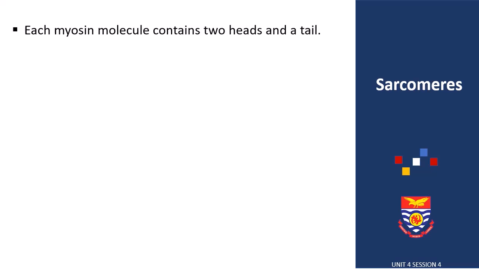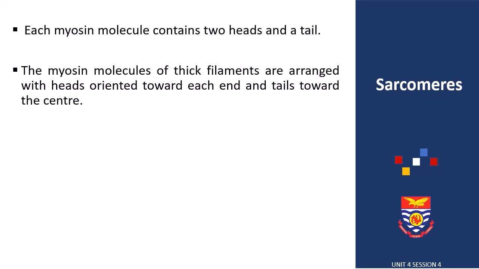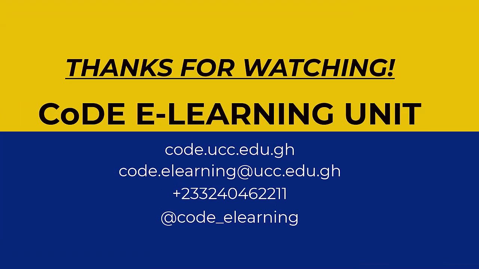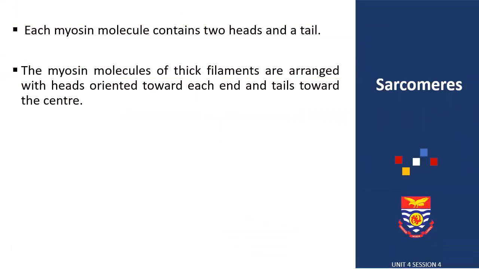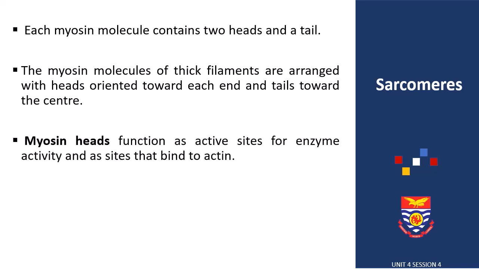A molecule of myosin contains two heads and a tail, and the myosin molecules of the thick filaments are arranged with the heads oriented towards each end and the tails towards the center, indicating that a bare zone that lacks heads and contains only tails occurs in the central region of each thick filament. The myosin heads act as the active sites for enzyme activity, and they are the site to which the actin protein also binds.